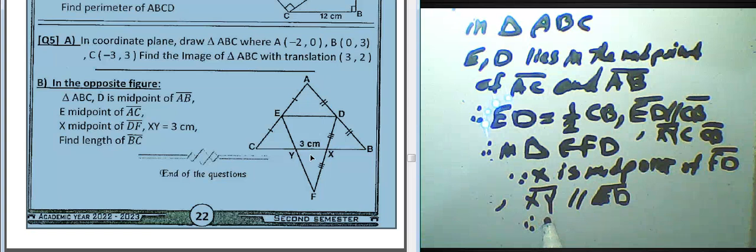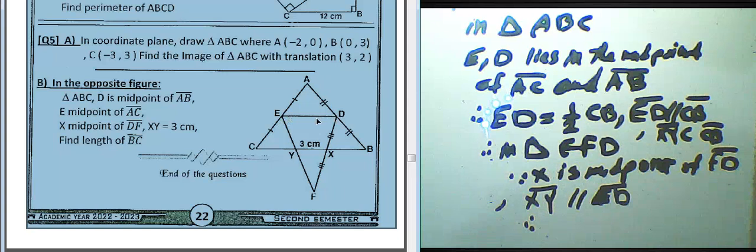Then Y is the midpoint of what? Y is the midpoint of EF, and he asked about CB. We get here ED.